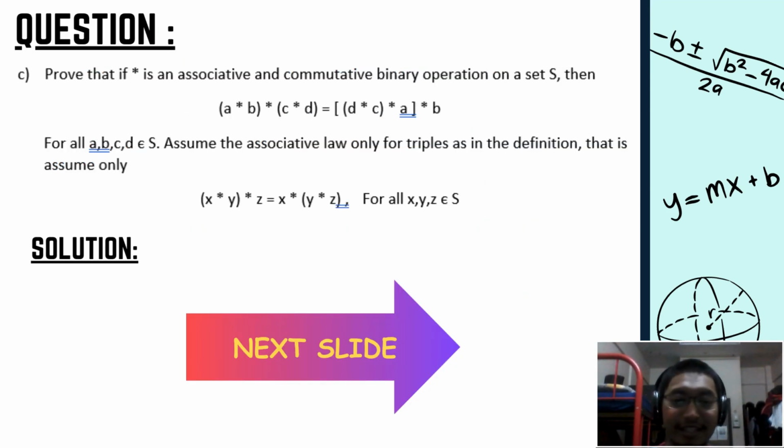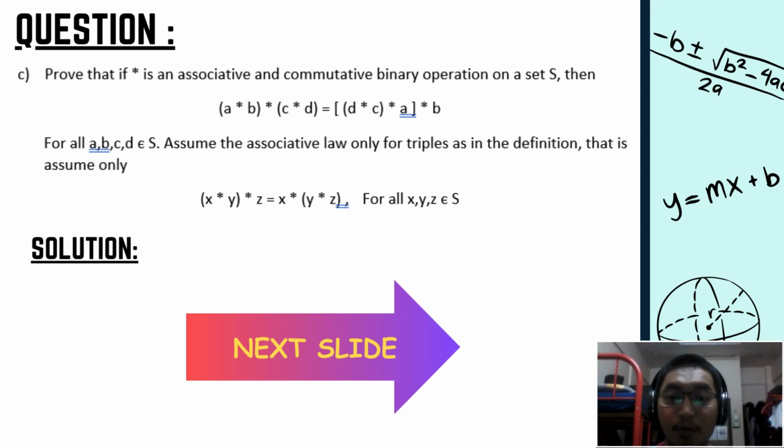Now we go to question C. Prove that if star is an associative and commutative binary operation on a set S, then (a star b) star (c star d) equals (d star c) star a) star b for all a, b, c, d element of S. Assume the associative law only for triples as in the definition.